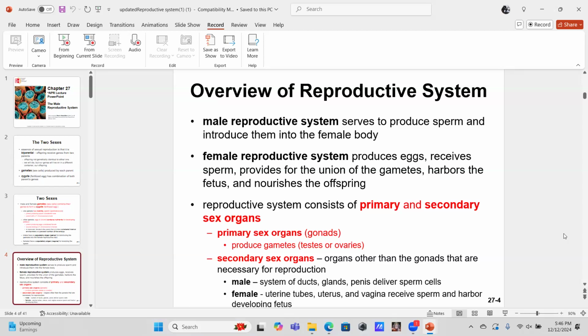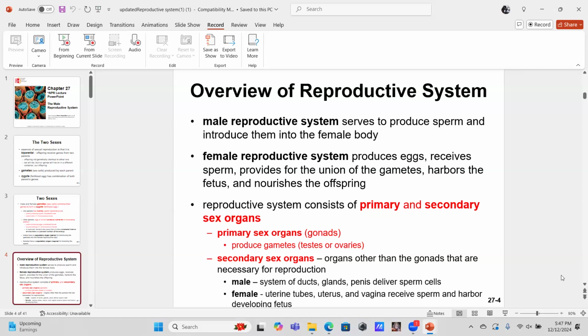So for males, that Y chromosome is so important because early in gestation, the Y chromosome activates production of testosterone. So then the male ducts form. It also causes some kind of inhibiting effect on the female ducts.